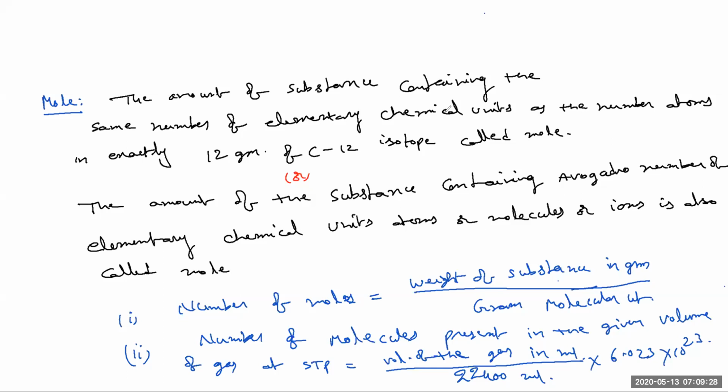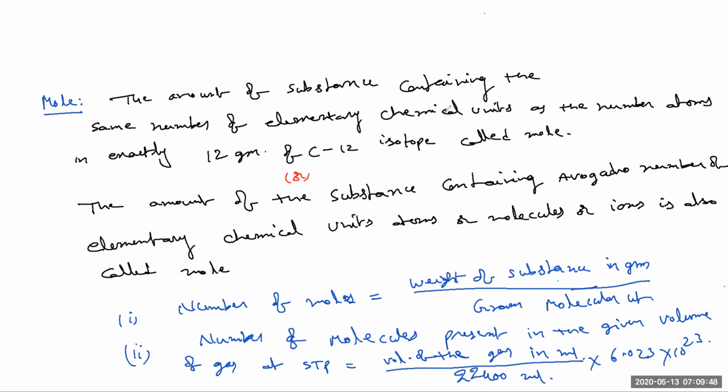So what is the number of moles formula? The weight of the substance in grams divided by gram molecular weight. If it is the number of moles of atoms, the mass of atom given divided by gram atomic mass.